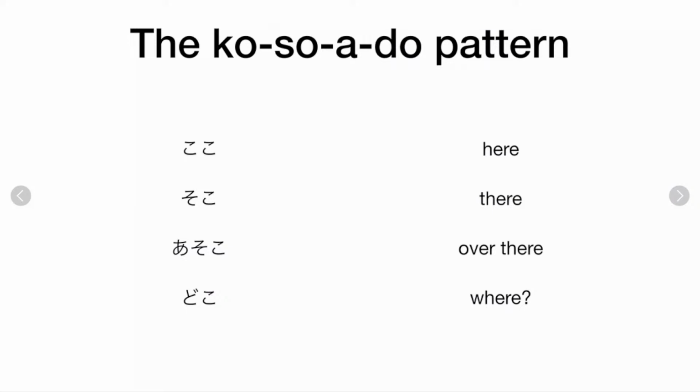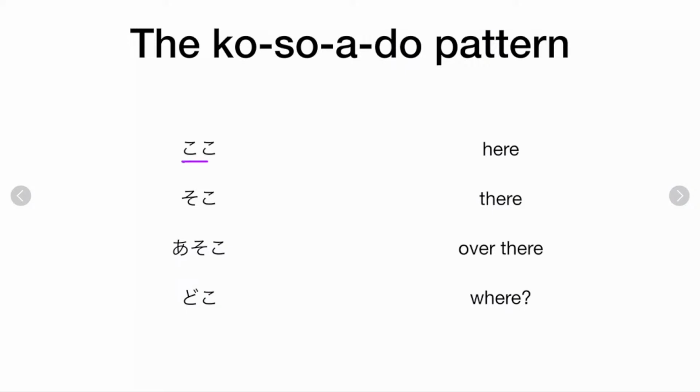So with that, we can continue looking at another ko-so-a-do pattern. So if you'll remember, we talked about the kore, sore, are, dore, and the different spheres of influence. Kore for the speaker, sore for the listener, are for outside of both, and dore for being just a general question. So we have the same spheres of influence, but now we're going to talk about places. So it's the same pattern, ko, so, a, do.